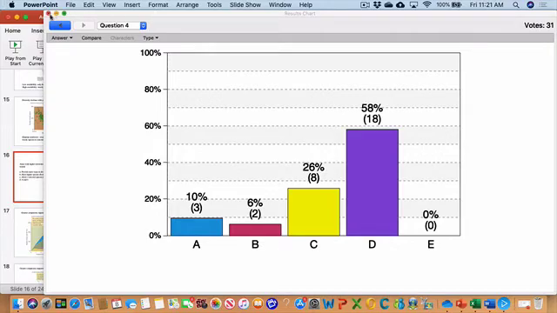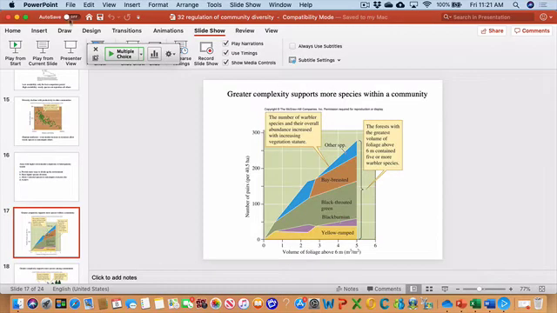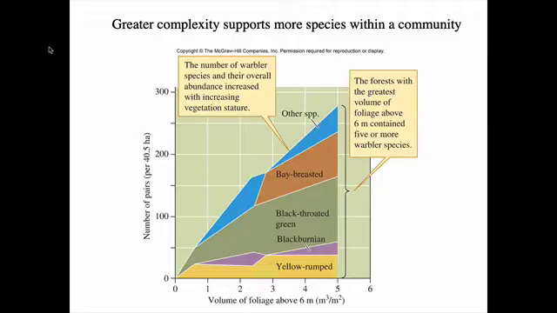So this one actually is more sensible. So greater environmental heterogeneity does in fact provide more ways to divide up the environment, and it does in fact promote species diversity in local communities.